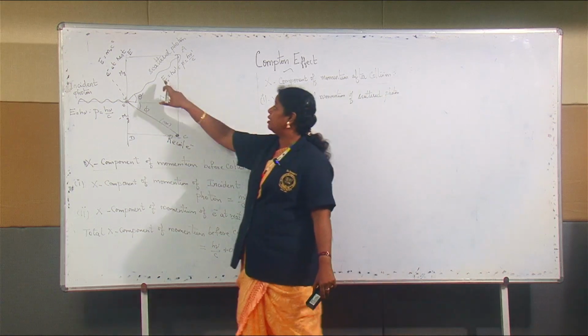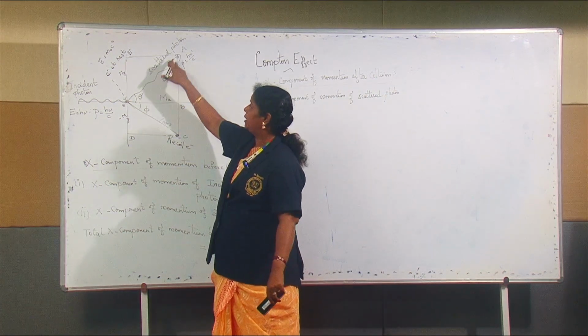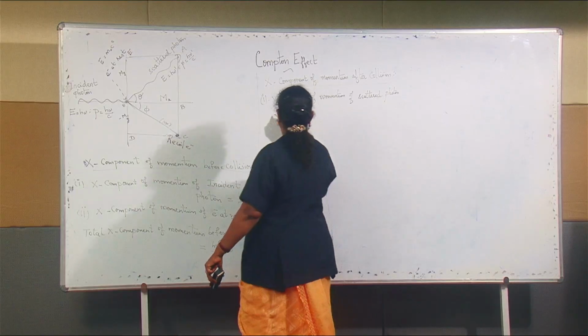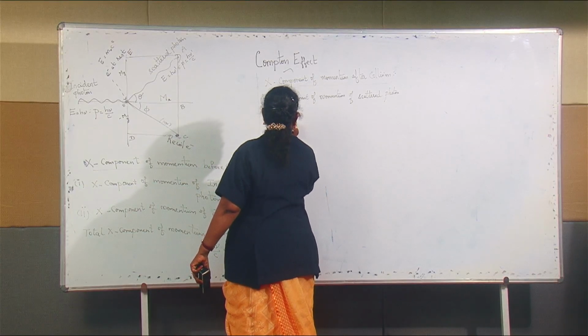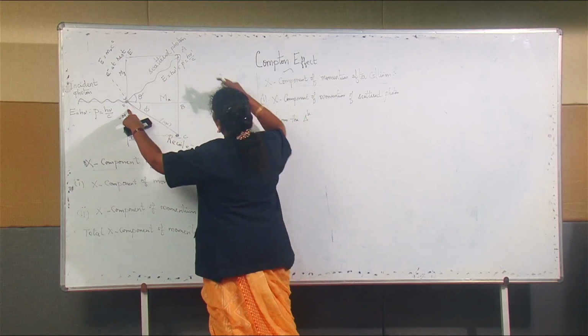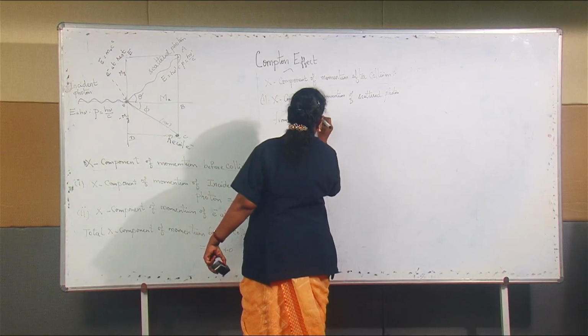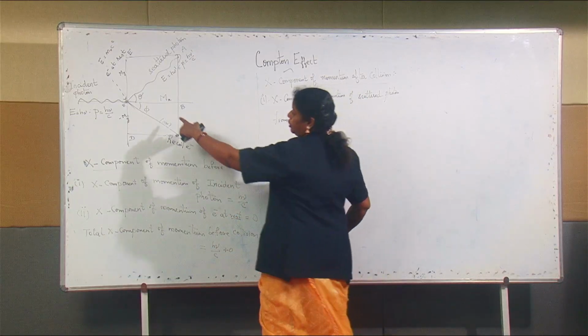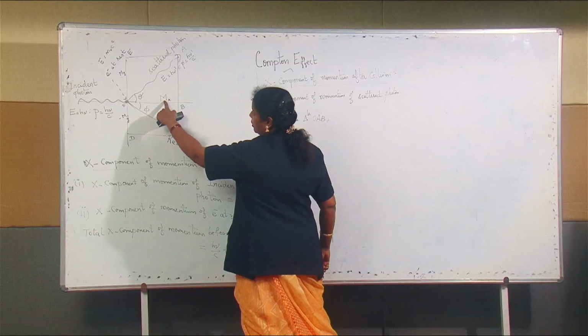See, we are finding for the x-axis, but it is not scattered along the x-axis. So, here we have theta. From the triangle OAB, we want to find the x component of momentum here, this side.